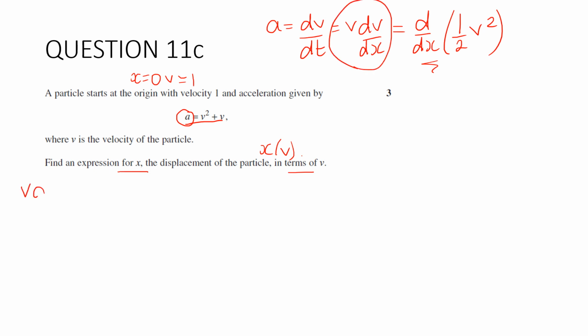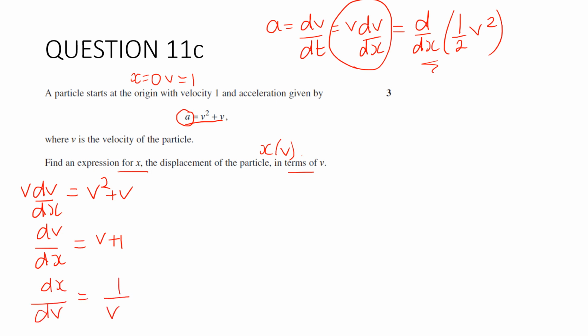So v dv/dx is equal to v squared plus v. Dividing through by v, dv/dx is equal to v plus 1. And switching upside down, dx/dv is equal to 1 on v plus 1. So x will be equal to the integral of 1 on v plus 1 dv.